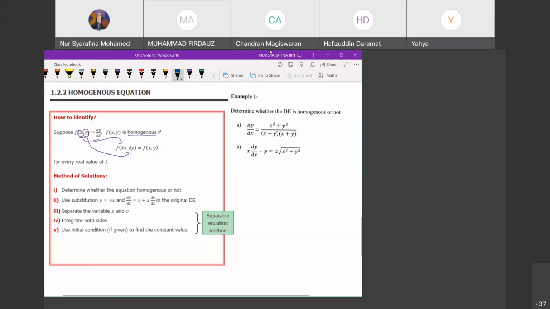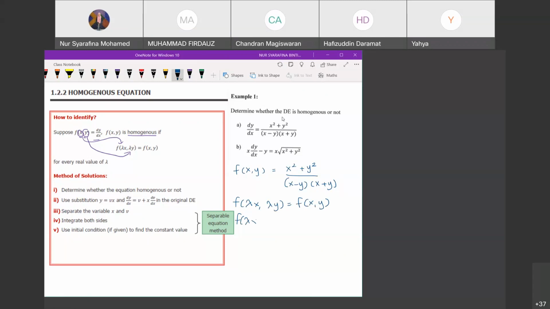So you know that the dy dx here is represented by f x y. So f x y is actually equals to x squared plus y squared over x minus y, x plus 1. Now, in order to show whether this function is homogeneous, you have to show that f lambda x, lambda y equals to f x y.